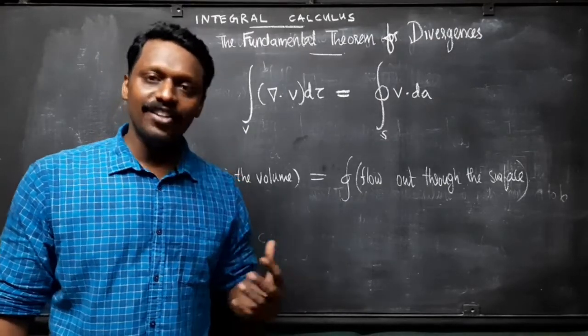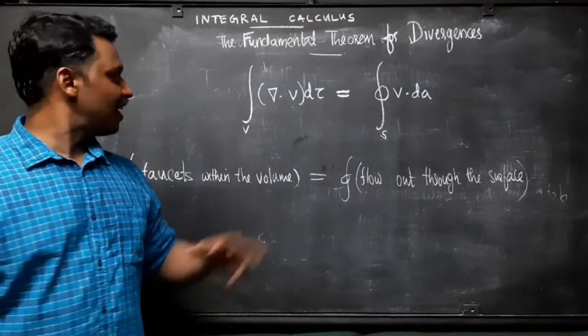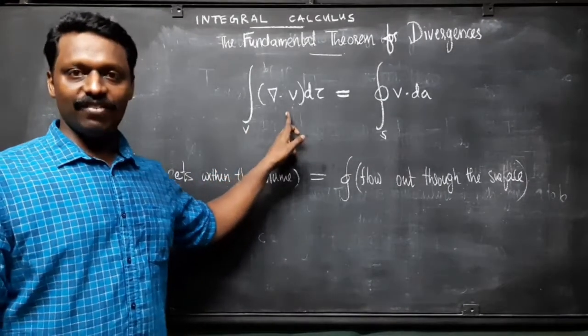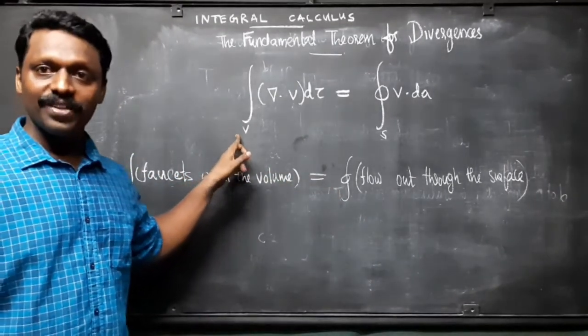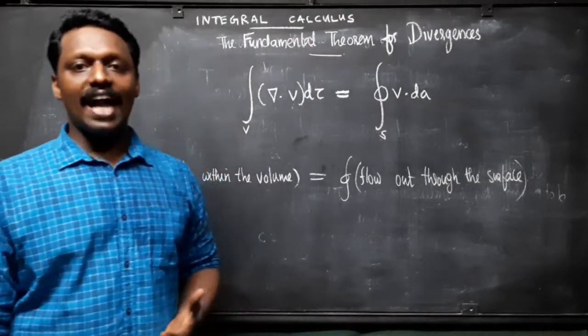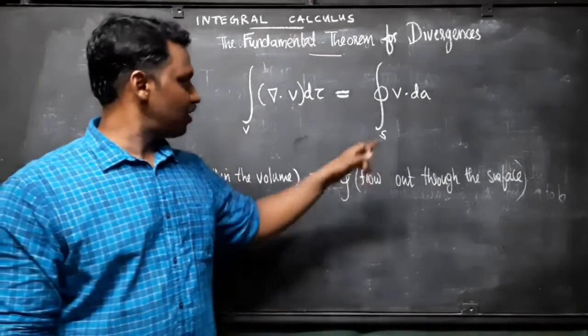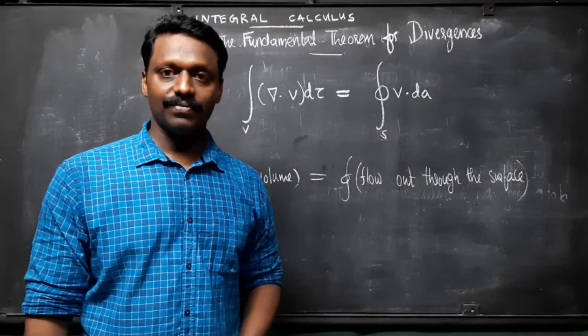Like the other fundamental theorems, it says that the integral of a derivative, in this case the divergence, over a region, in this case a volume, is equal to the value of the function at the boundary, in this case the surface that bounds the volume.